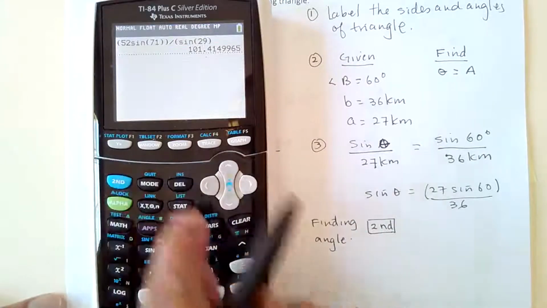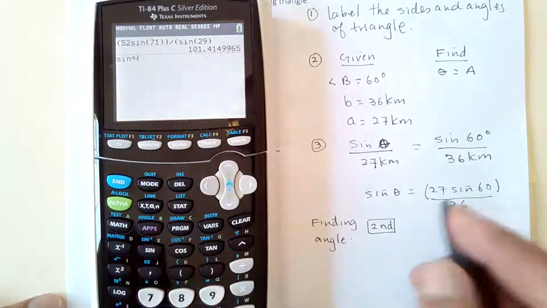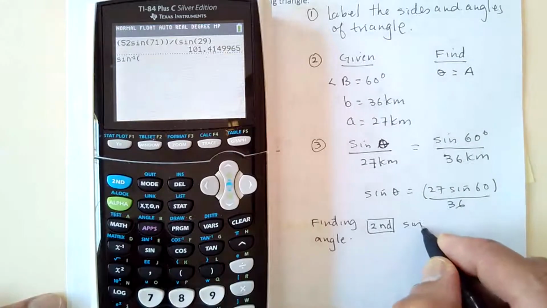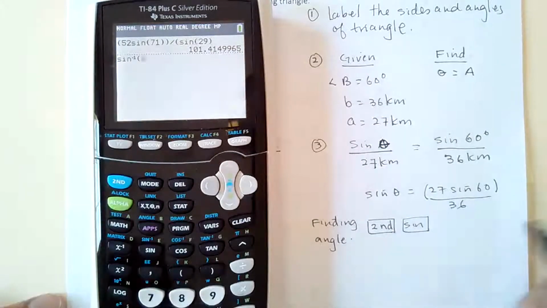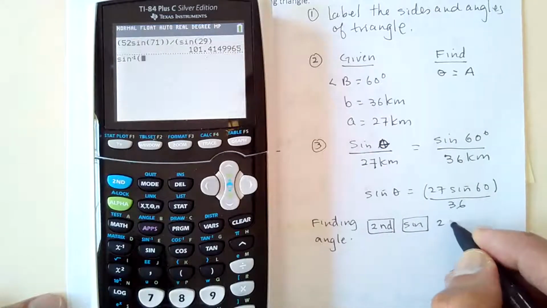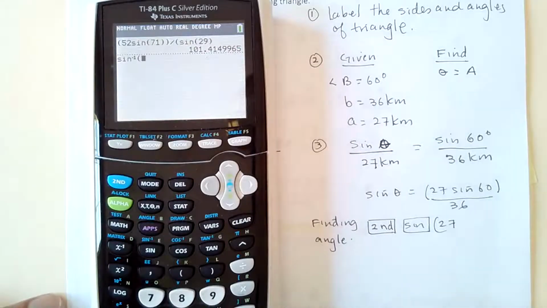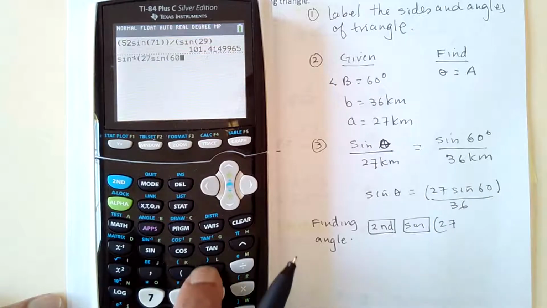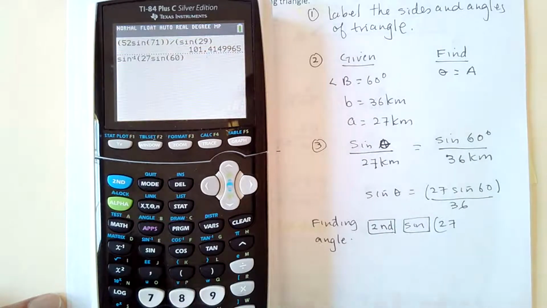27 sine 60, close bracket, divided by open bracket.